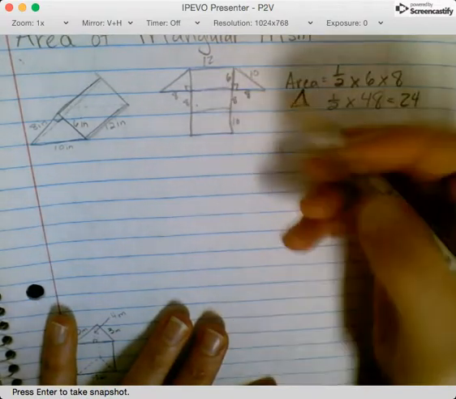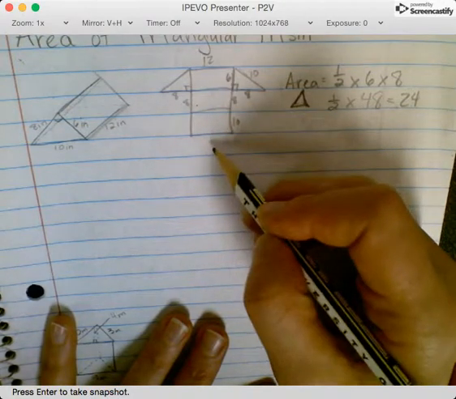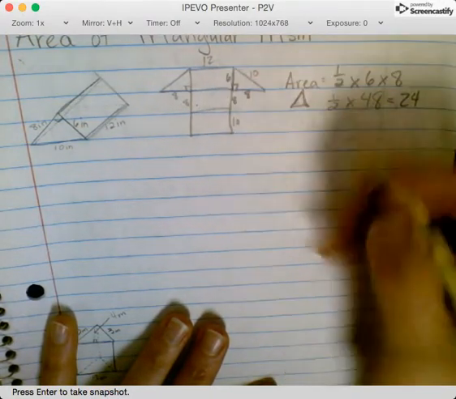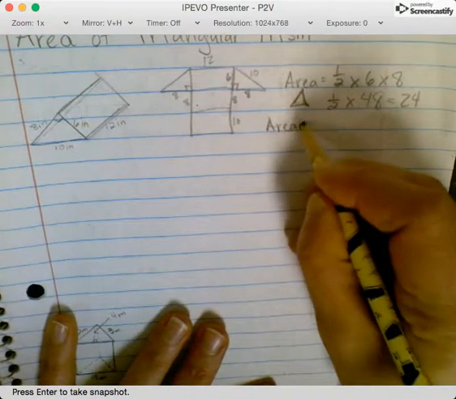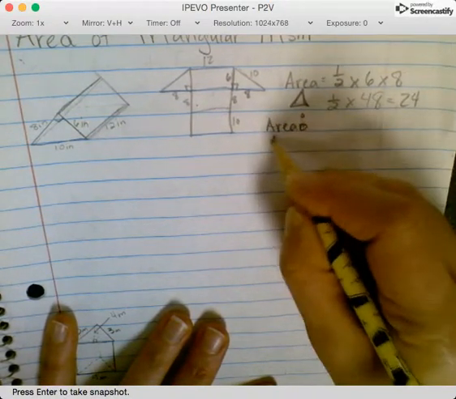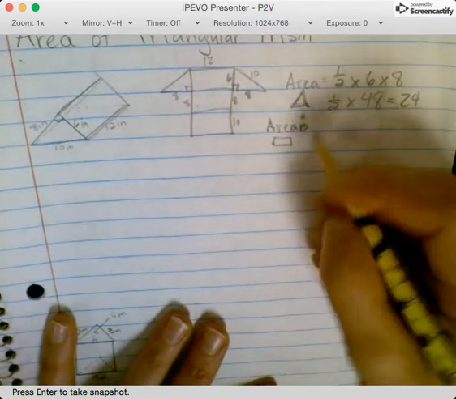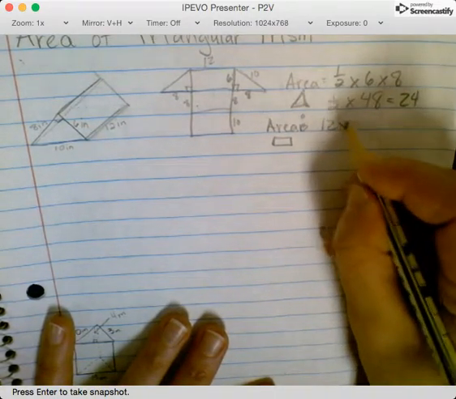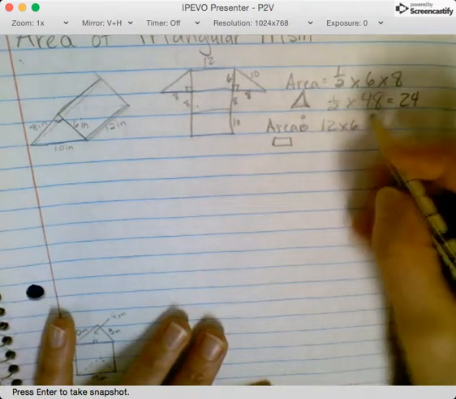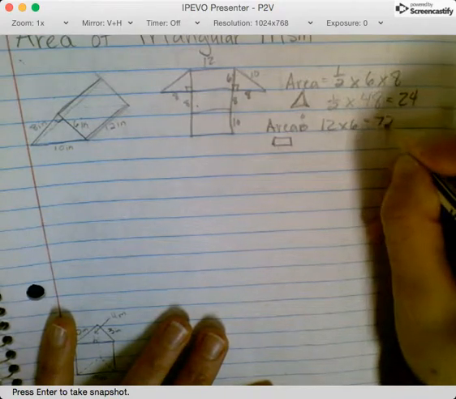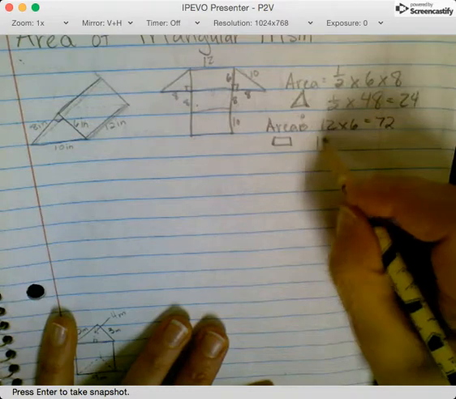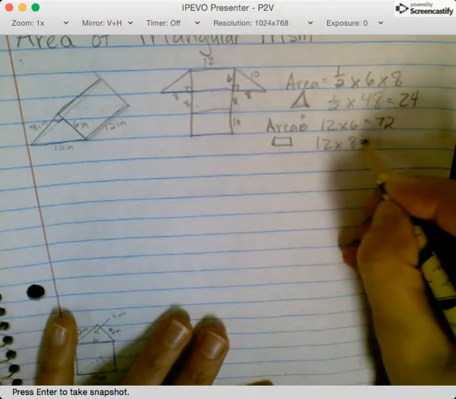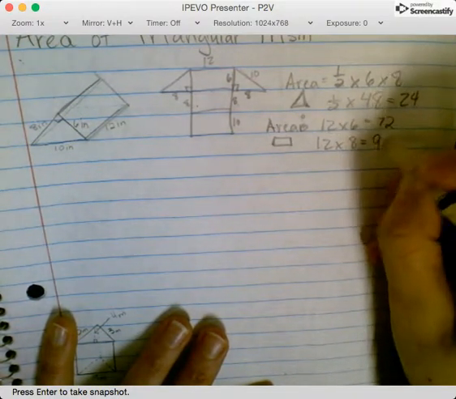Then let's do the rectangles. So we have rectangles that are different sizes. This first one is 12 by 6. I'm going to draw a rectangle here. So 12 by 6, and that one is 72. Then I have my 12 by 8, which is 96.